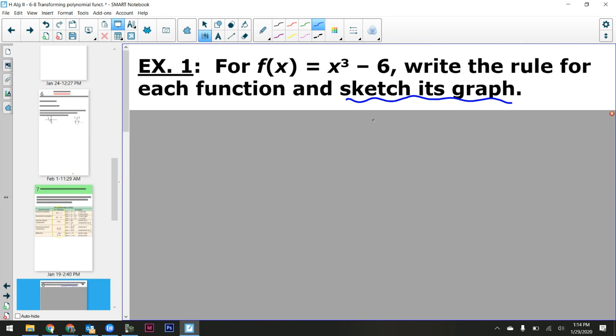Because I'm going to tell you how to transform these things. You can always go into your calculator and say, okay, did it do what I think it should have done, right? Did it actually move 2 left? Because when you're all the way done with this and fully simplified down, you should be able to plug it in and see initial function, new function, right? Just shift it 2 units to the left. If it doesn't, maybe you did something wrong and you got to go back and rework.